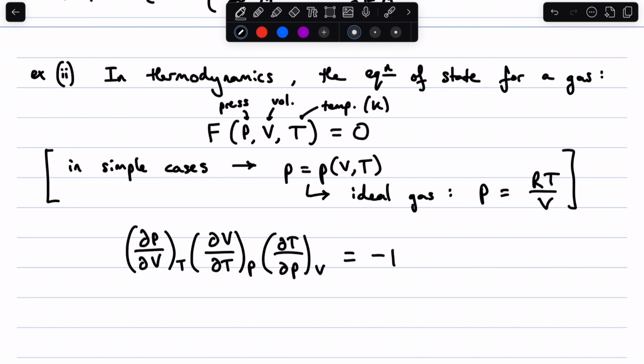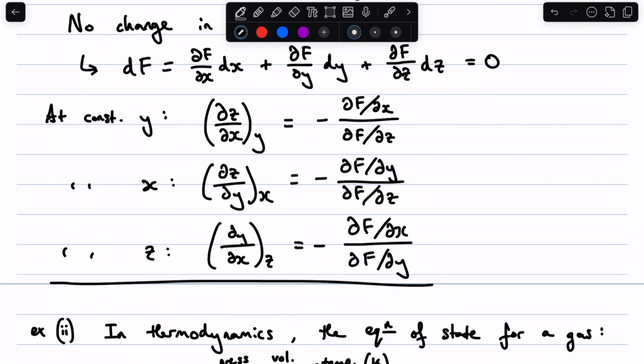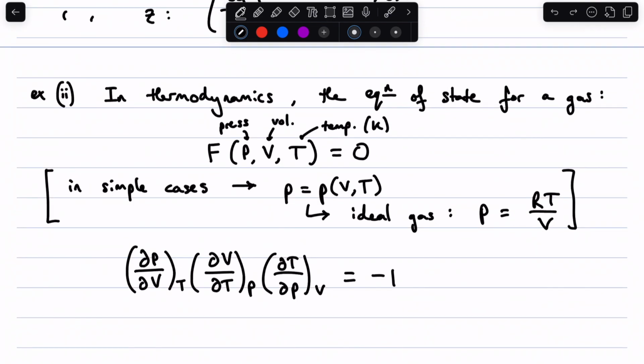And that's an exact thermodynamic identity, and this will be used when you get to thermodynamics, but it's just to show how useful these equations and these partial differentials can be.